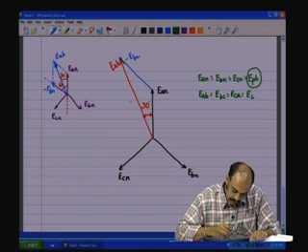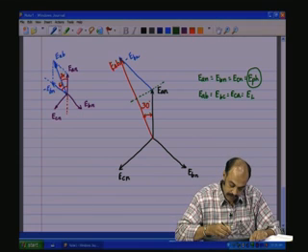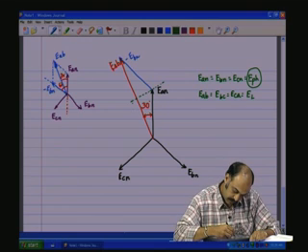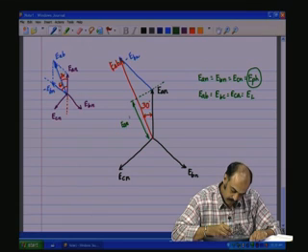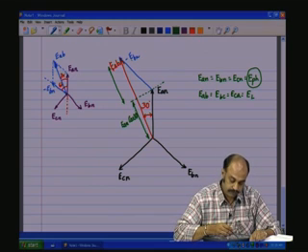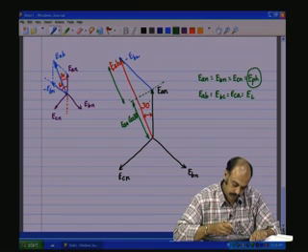So, let me take the projection of the phase voltages onto this. So, EAN cos 30 is going to be the projection of EAN along the AB line. So, this value here is going to be EAN cos 30, and this value from here to here is going to be the projection of minus EBN onto the EAB line.